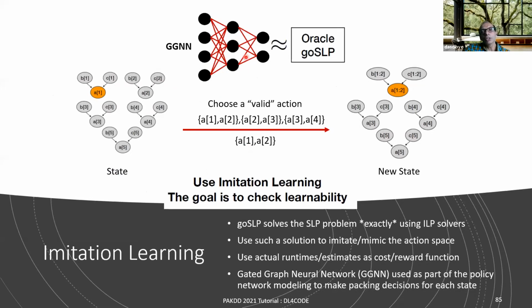On that GNN, the training should tell you the probabilities of your valid actions based on the imitation of this oracle. Once you get the probabilities of the valid actions, you take the ones which will probably give you the best reward, and so on and so forth. Okay.